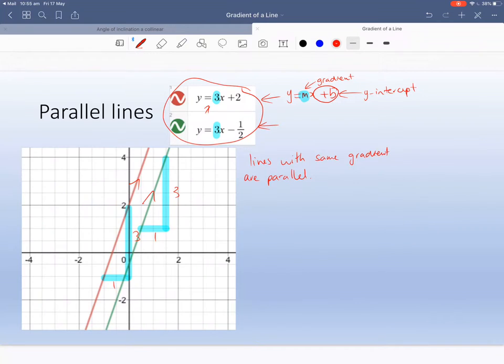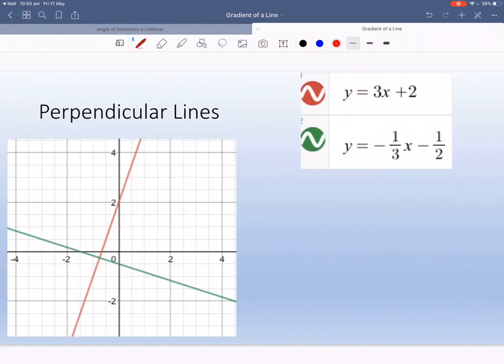A very similar concept to parallel lines is perpendicular lines. You can see here that these two lines are perpendicular to each other, which means they're at a right angle to each other. The way we look at it is that this gradient is 3, and this gradient is negative a third. For lines to be perpendicular to each other, the gradient has to be the negative reciprocal.